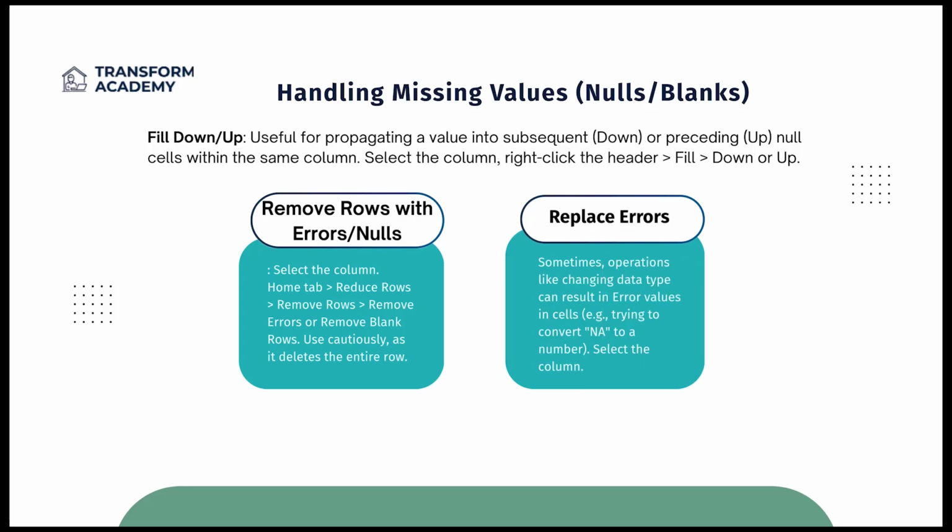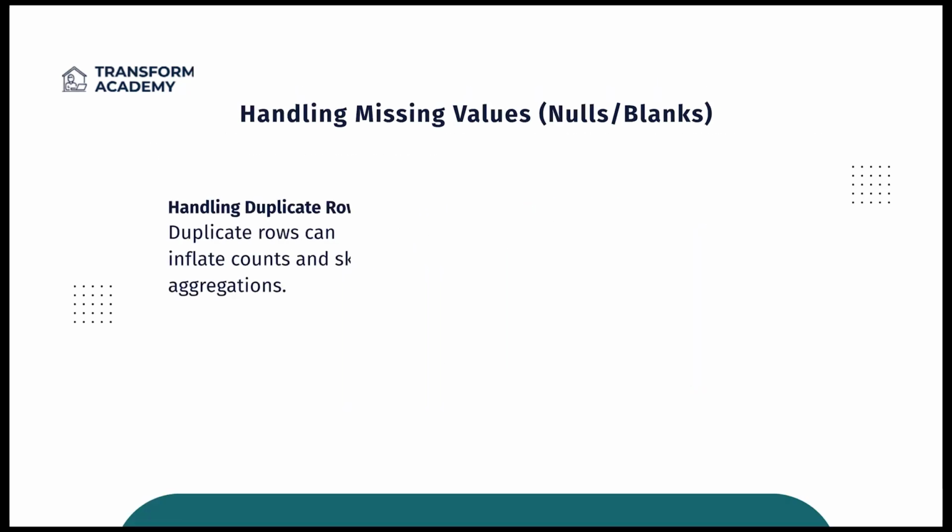Sometimes operations like changing data type can result in error values in cells, for example, trying to convert NA to a number. Select the column, click on the Transform tab, click on the Any Column group, click on the Replace Values drop-down, and click on Replace Errors. Enter the value to replace errors with.